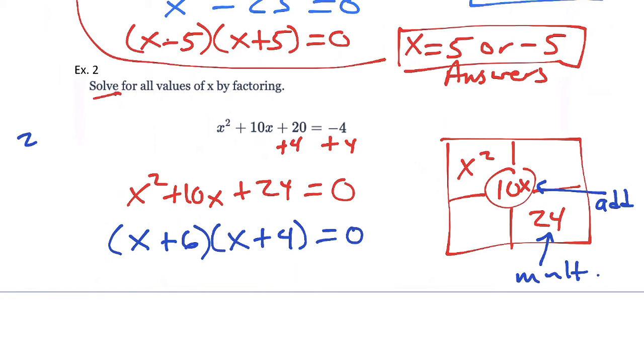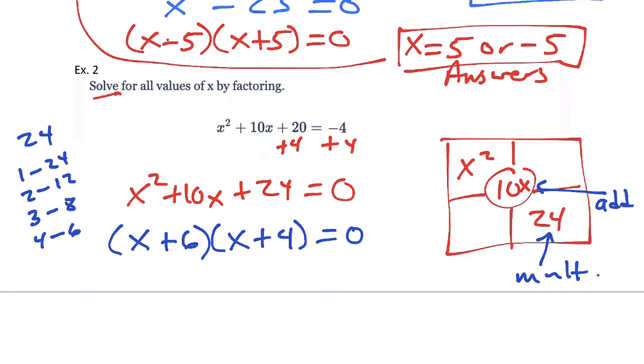You think about 24. It could be split into 1 and 24. It could be split into 2 and 12. It could be split into 3 and 8. And it can be split into 4 and 6.